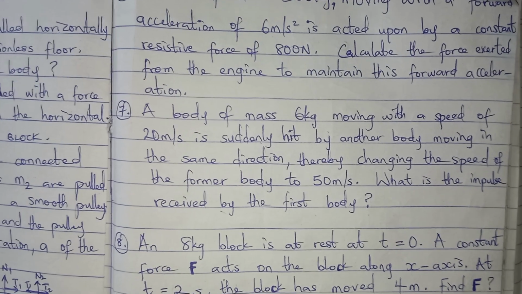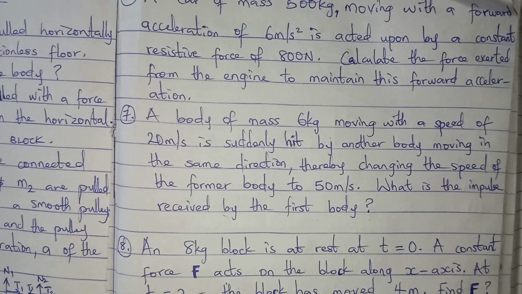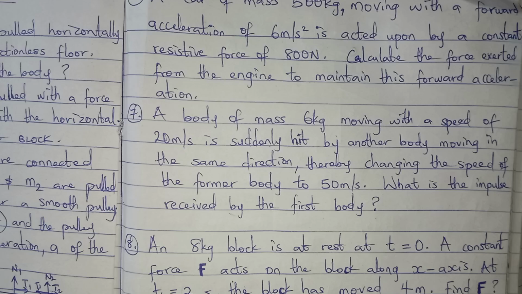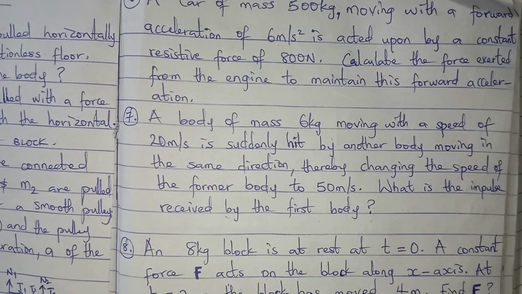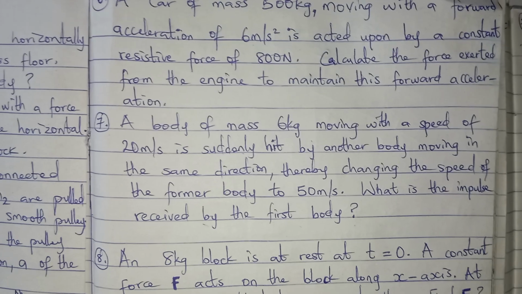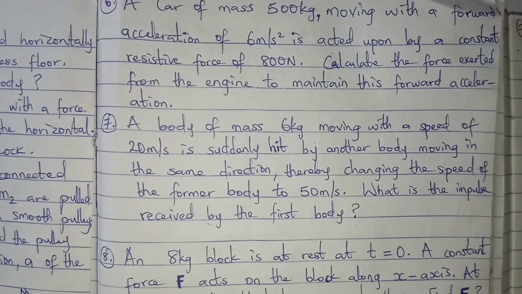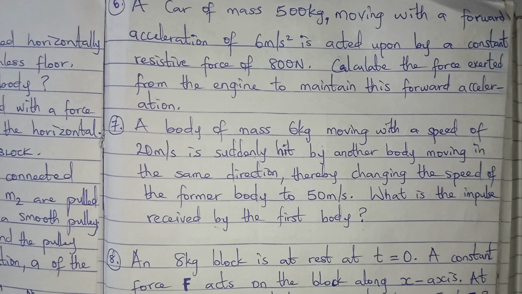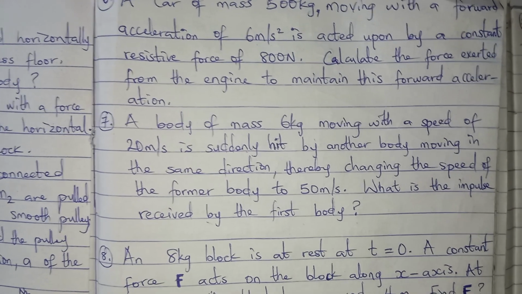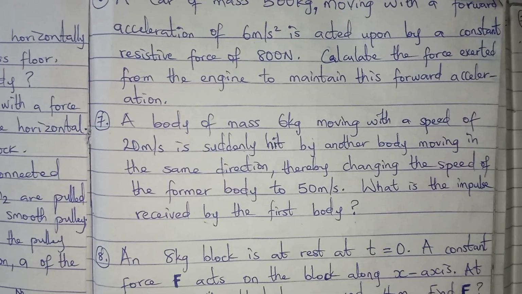Assuming it says that it hits it by another body moving in a different direction, you know it's from the front. So it's suddenly hit by another body moving in the same direction, so it's from behind, thereby changing the speed of the former body to 50 meters per second. It's just indirectly telling you the new velocity.